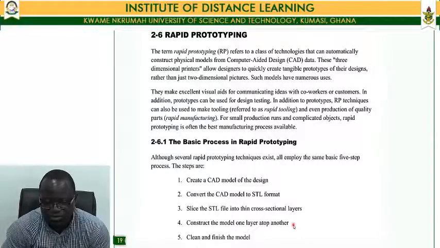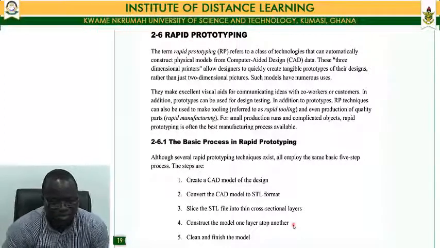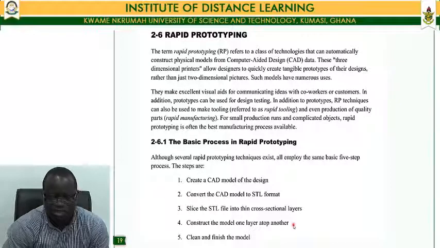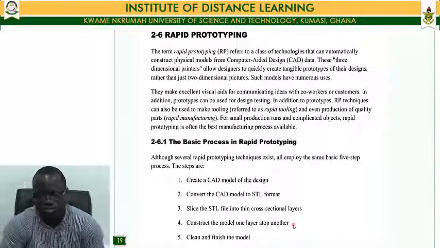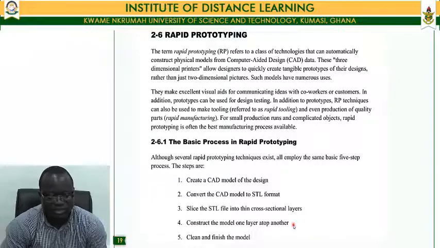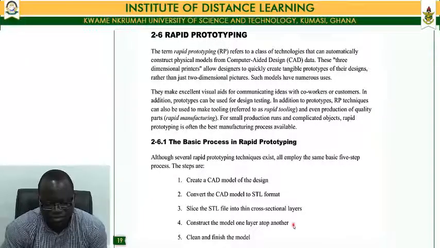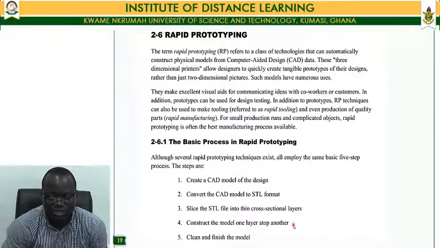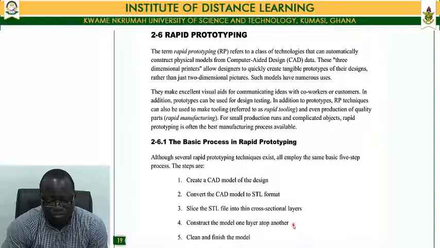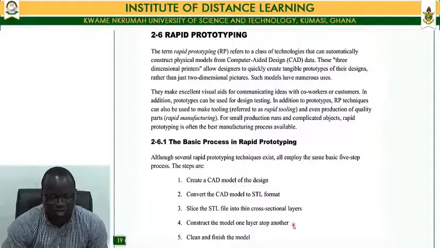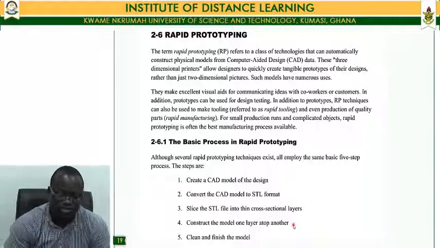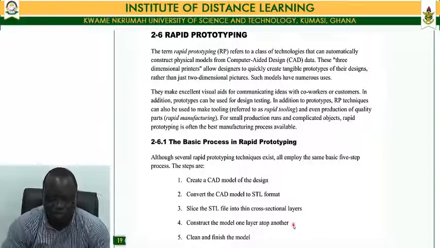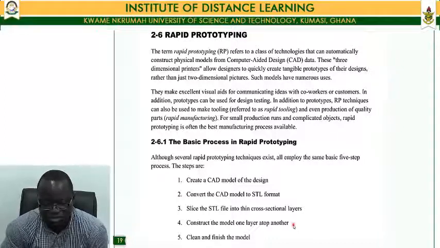Now, such models have numerous uses. One, they make excellent visual aids for communicating ideas with co-workers or customers. In addition, the prototypes can be used for design testing. In addition to prototypes, you have techniques that can be used to make tooling, referred to as rapid tooling, and even production of quality parts in rapid manufacturing.